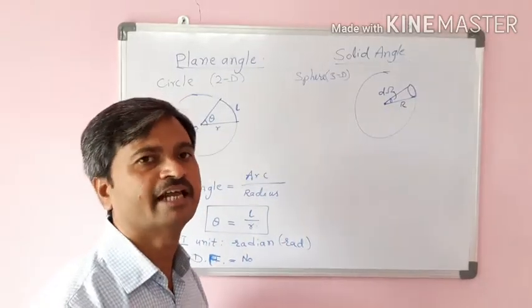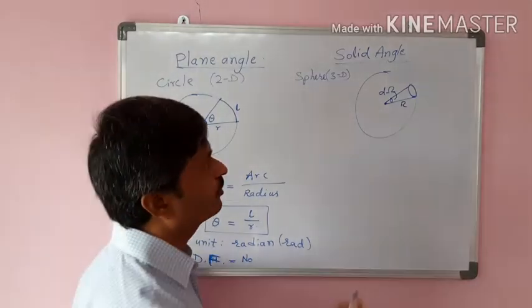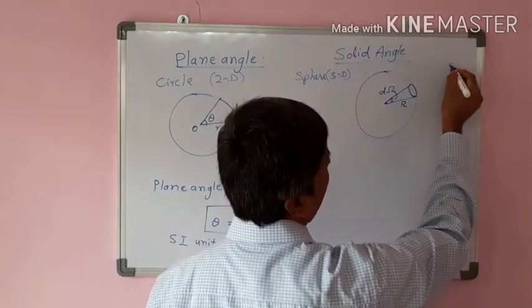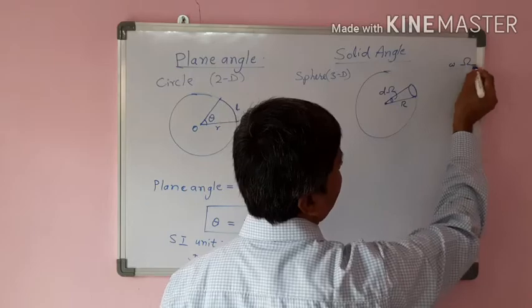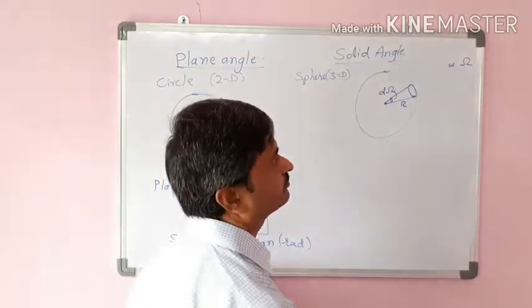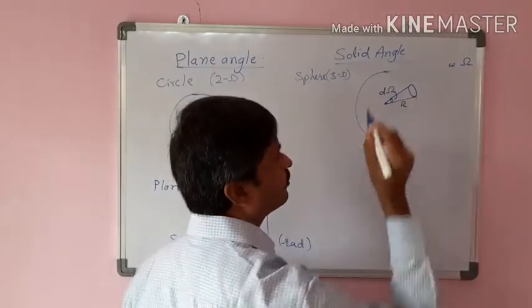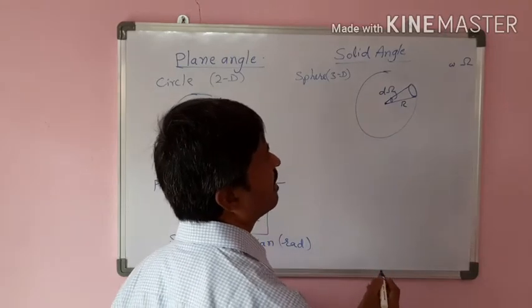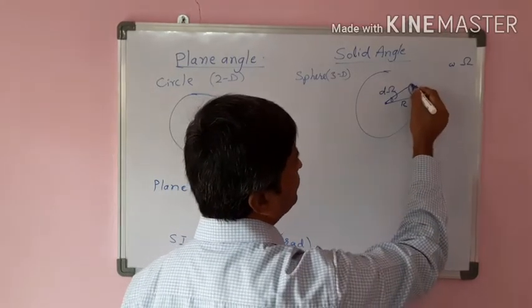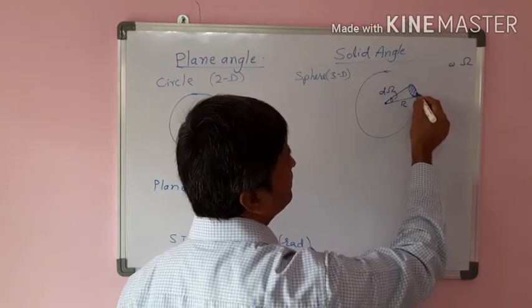Omega is a Greek letter. Small omega we write like this, and capital omega like this we write. Clear? So this is capital omega, solid angle we call. Now this is the surface, a small surface.